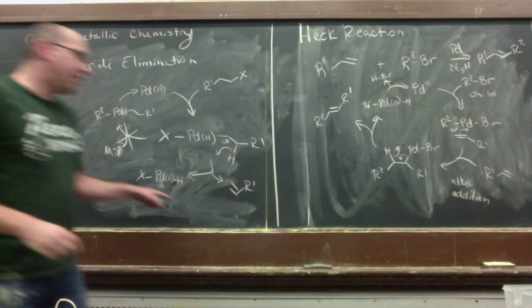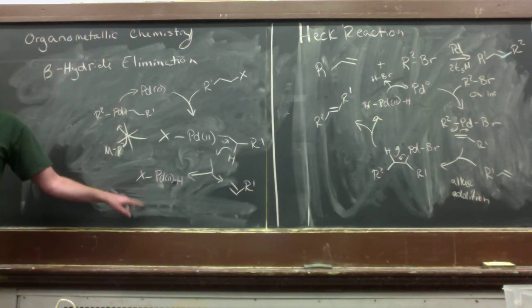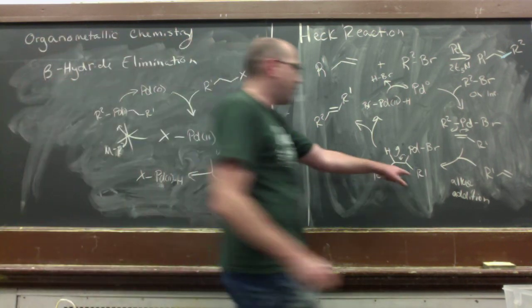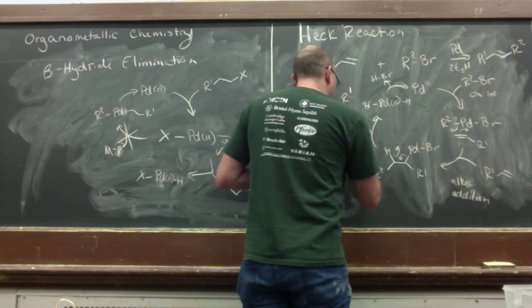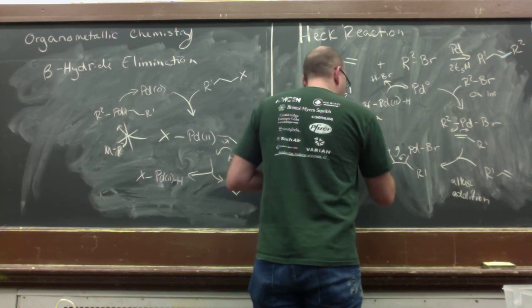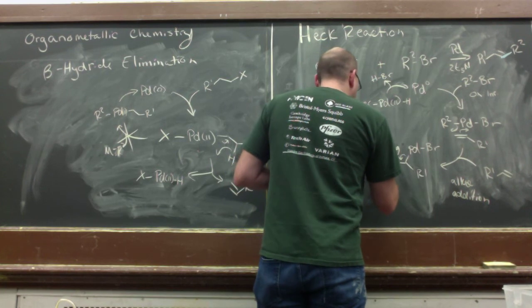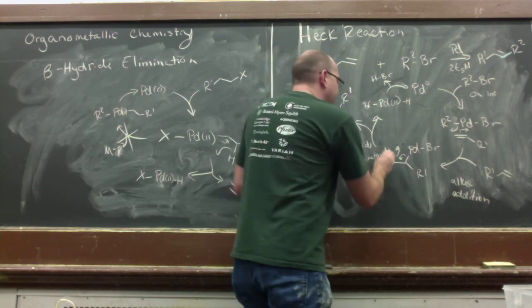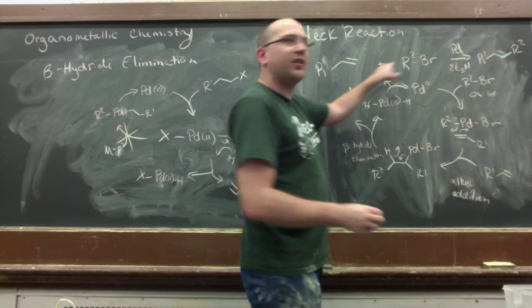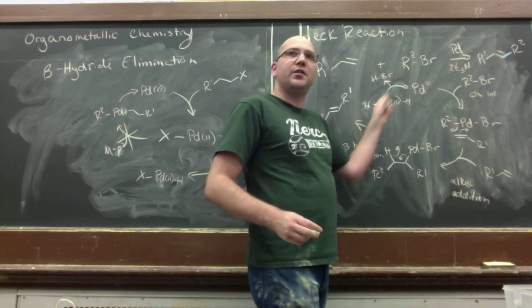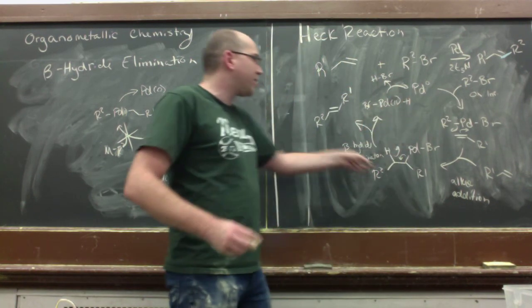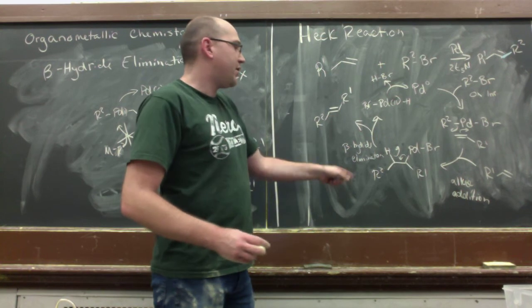And then again, this is the same reason why you don't want to use sp3 halogens in cross couplings, this beta hydride elimination takes place. This is what I meant earlier. The beta hydride elimination is what's going to lead to the product. There is effectively a reductive elimination, but you can think about it as the next step. So the product formation is taking place via the beta hydride elimination.